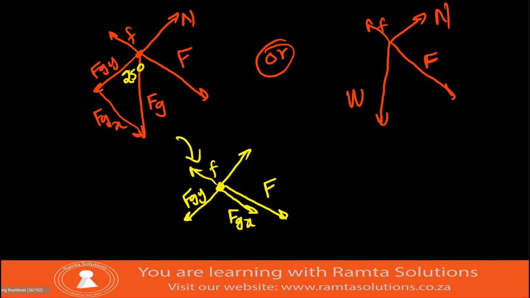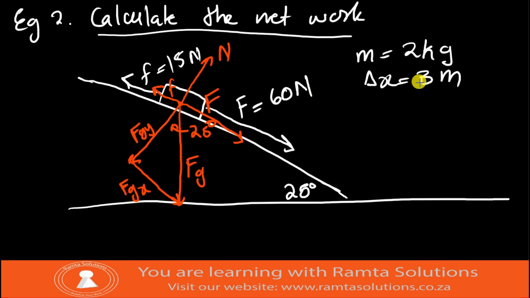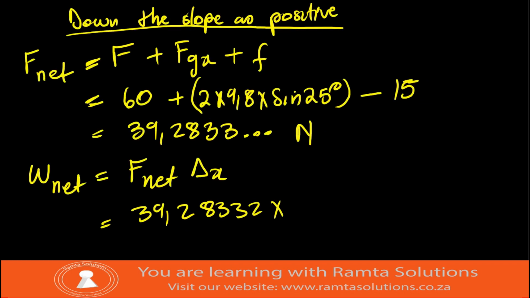The length of that ramp, it was 3 meters. So our answer times 3. Our net work is 117.85 joules. This is positive work done.